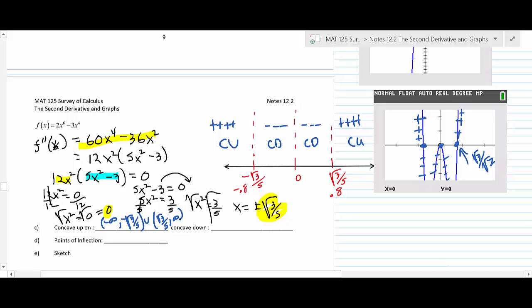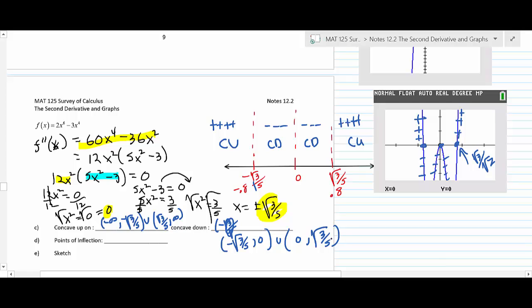Concave down, you have to break it up into 2 intervals too. Negative root 3 over 5, 0, union 0, and then positive square root of 3 over 5.